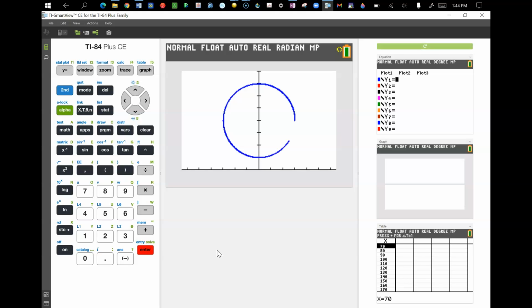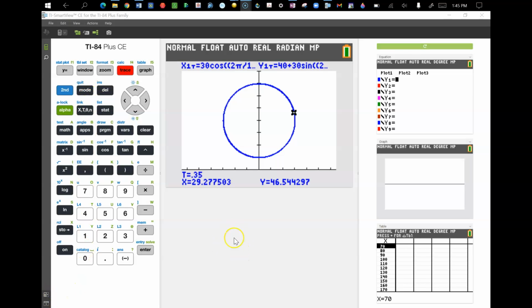And if we wanted to find Jane's position at exactly 22 seconds, the best way to do that would be to go to the table and start at 22 seconds and find her X and Y coordinates. But if we wanted to estimate where she was at that time, we could also hit the trace button and make t go up in our 1/10 of a second increments and figure out where she's at.